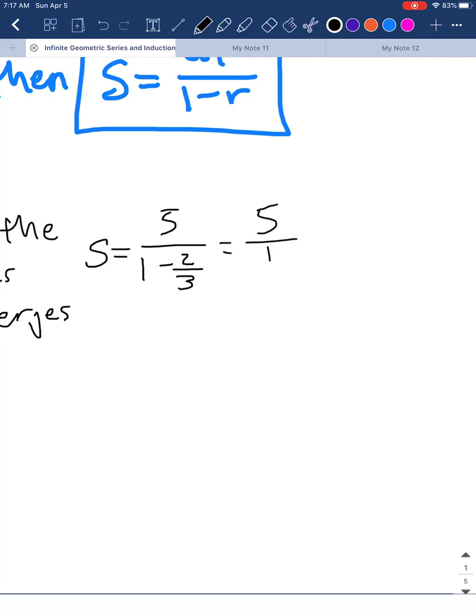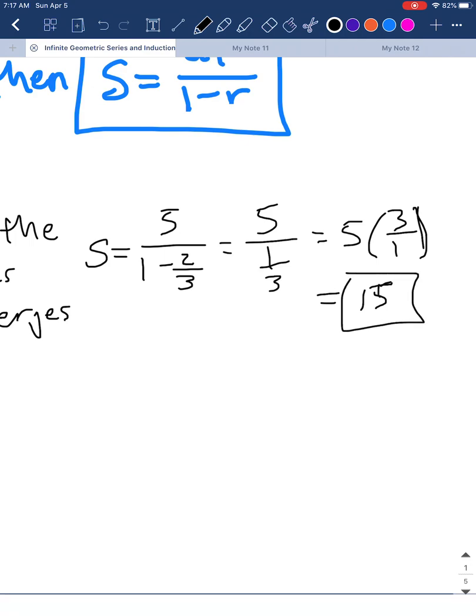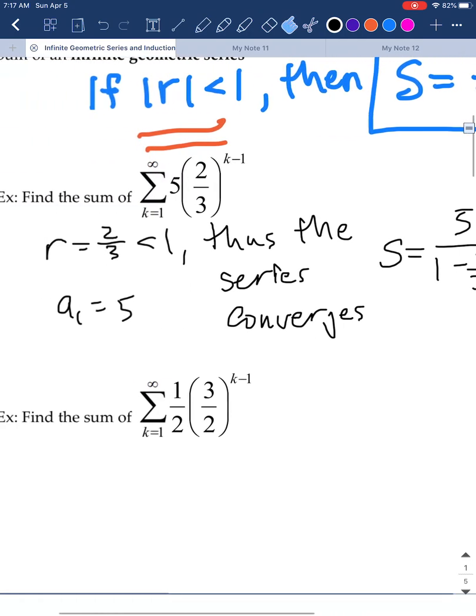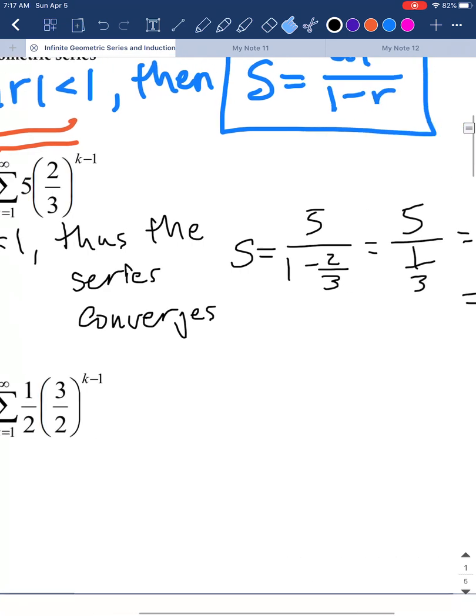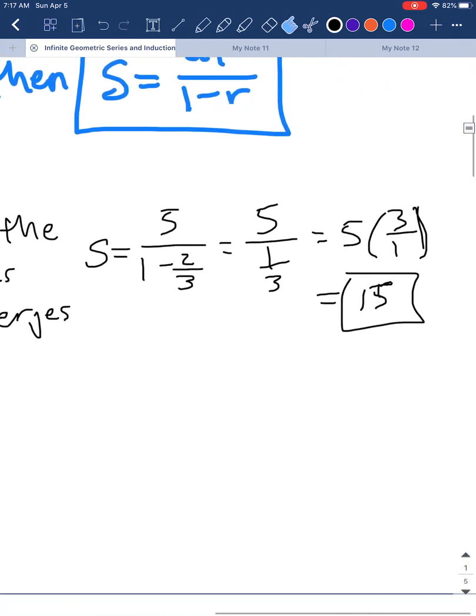So we get 5 over 1/3, which is the same as 5 times 3 over 1, which is 15. So if we start adding up terms of this series, 5 times 2/3 to the k minus 1, it's going to start approaching the number 15. So our series converges to 15.